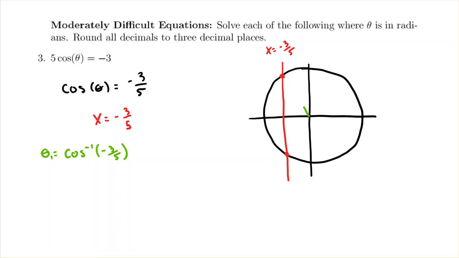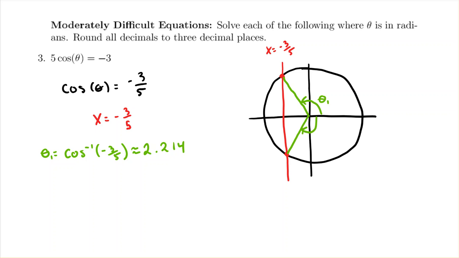So on our unit circle, what inverse cosine of negative 3/5 will tell us is this angle here of theta 1. So when you plug that into your calculator, you get that that is roughly about 2.214.